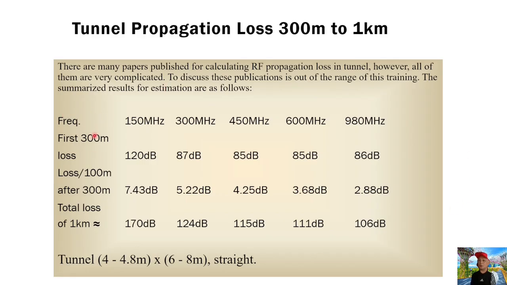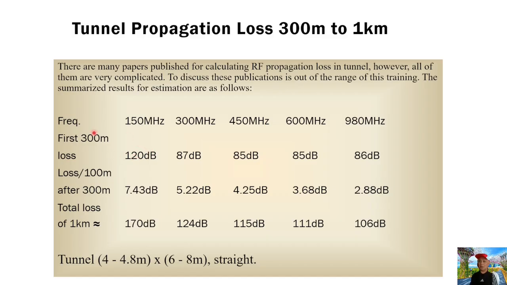So you see for the first 300 meters, the propagation loss, the highest one is 150 megahertz. Understandably, the lower the frequency, the longer the wavelength, so compared to the size of the tunnel, there is less space for the radio wave to propagate in the tunnel.